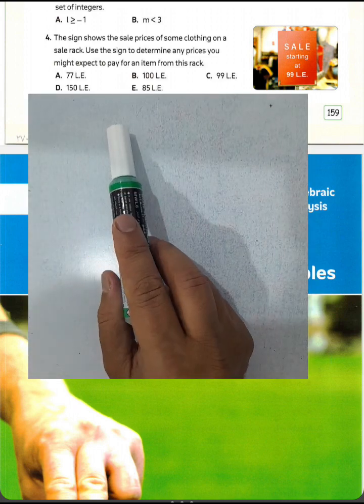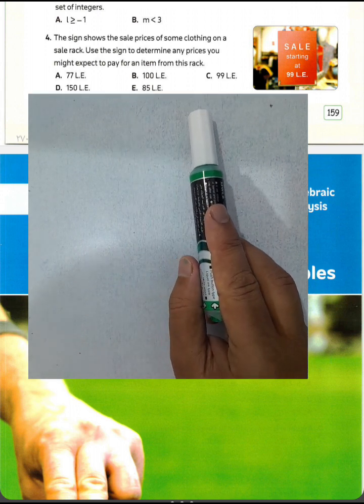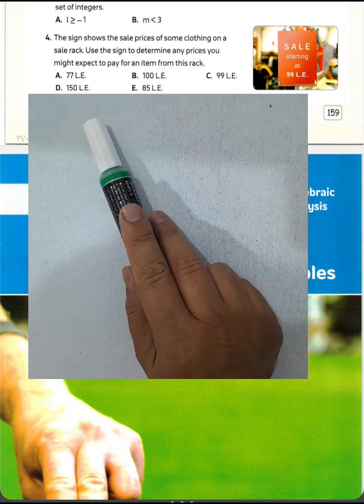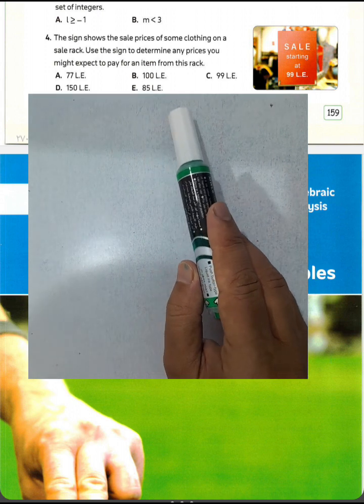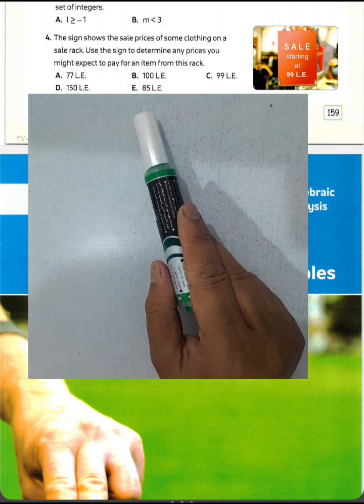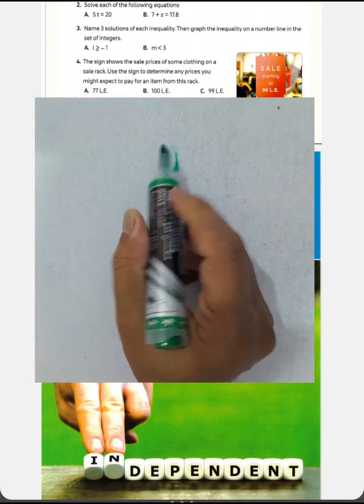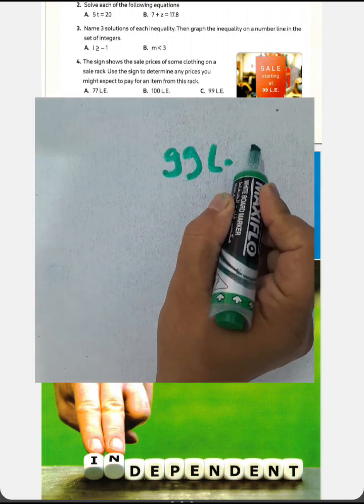The sign shows the sale price of some clothing on the sale rack. Use the sign to determine any price you might accept to pay for an item from this rack. We have here a sale at 99 Egyptian lira.